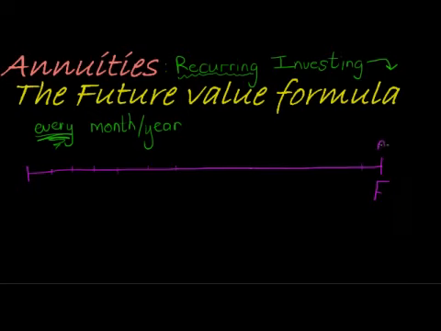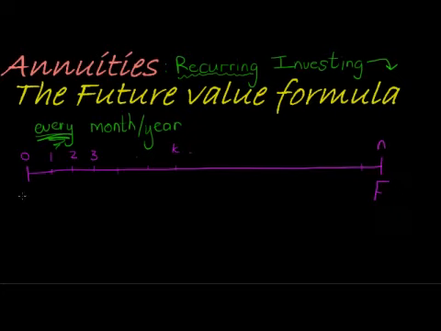This being time 0, time 1, 2 time periods, 3, all the way up to time period K, and this goes all the way up to time period N.